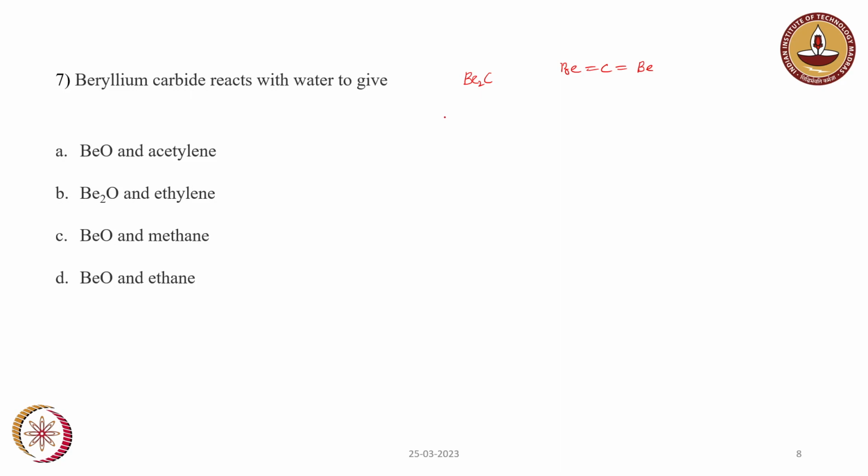Be2C plus 2H2O will give CH4 plus BeO. So the answer is option C, BeO and methane.